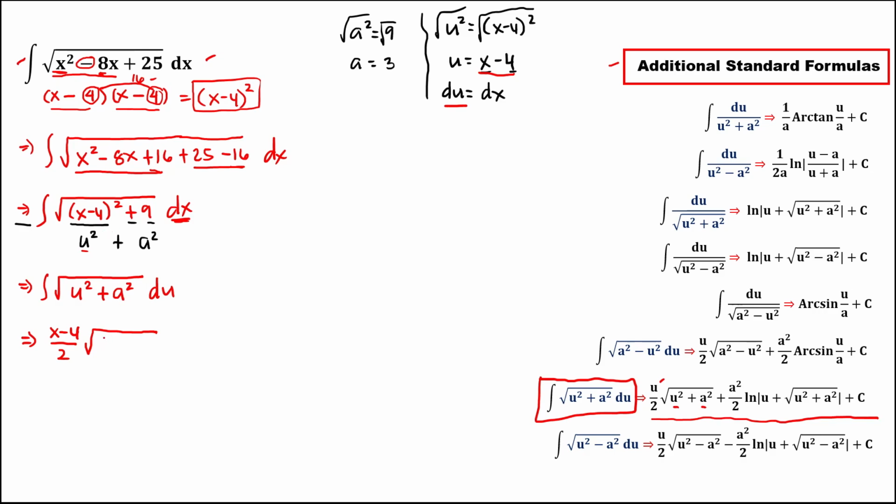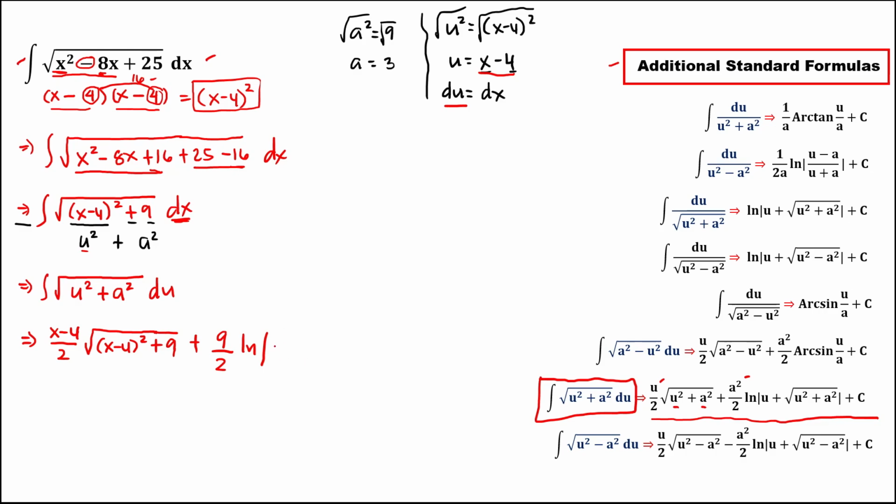So u squared is the quantity of x minus 4 to the power 2 plus a squared is 9, then plus a squared, which is 9, over 2, then we have ln of the absolute value of u.